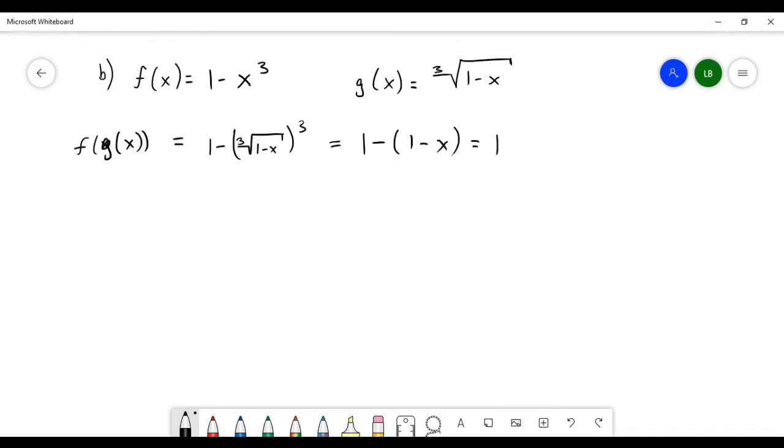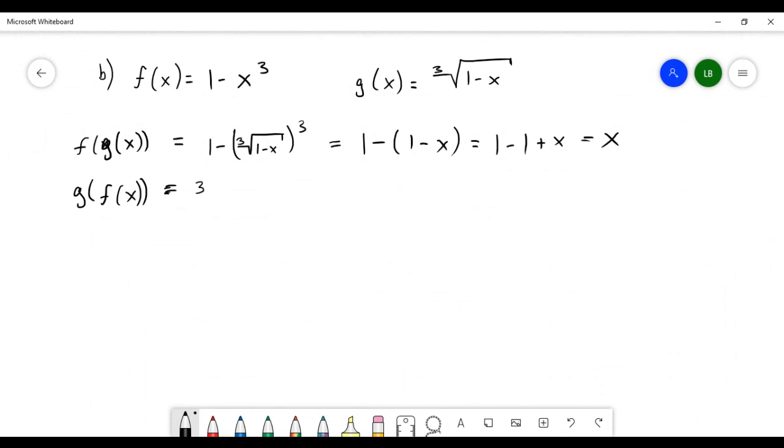Got to distribute the negative, so 1 minus 1 plus x is equal to x. I'm guessing that's maybe where your negative x part was coming in. You didn't quite distribute your negative all the way. In this case, yeah, it's an easy mistake to make, so just gotta be careful about that.